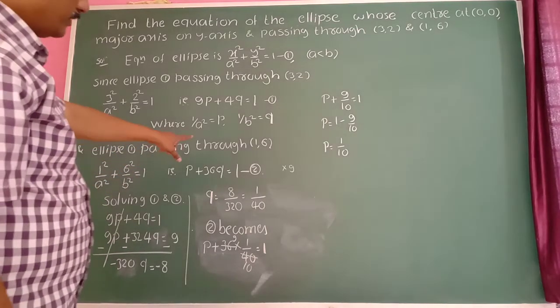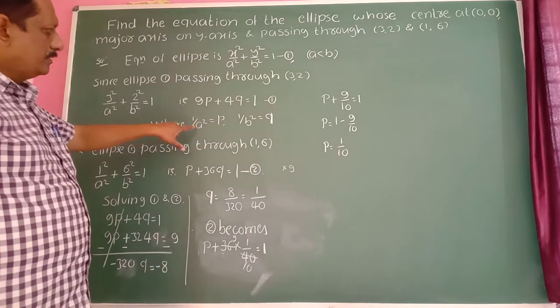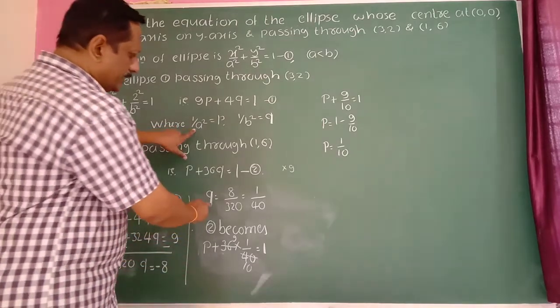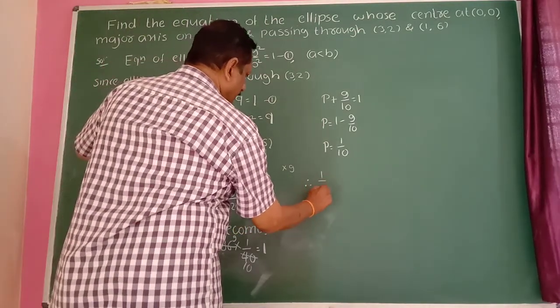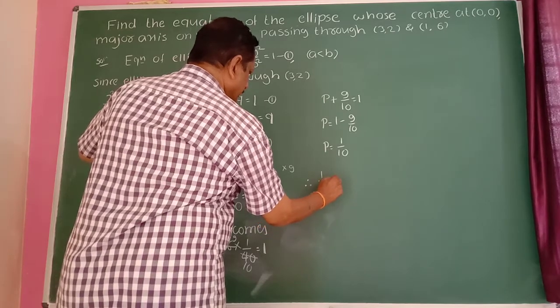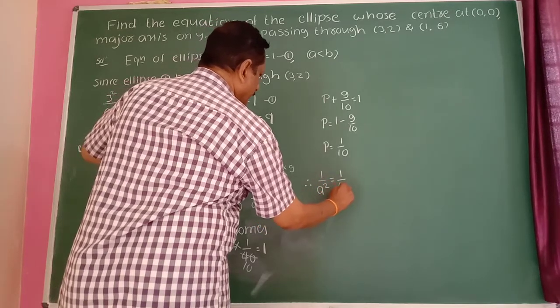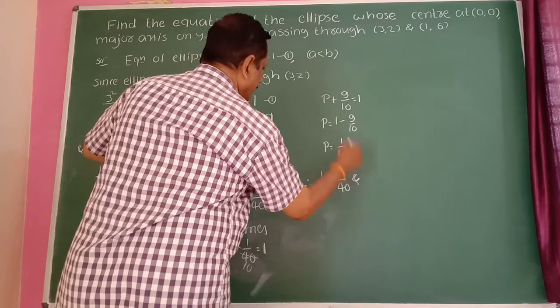Therefore, what is p here? P is 1 by a squared. So 1 by a squared is equal to 1 by 10, the p value. And q is 1 by b squared, meaning 1 by b squared is equal to 1 by 40.